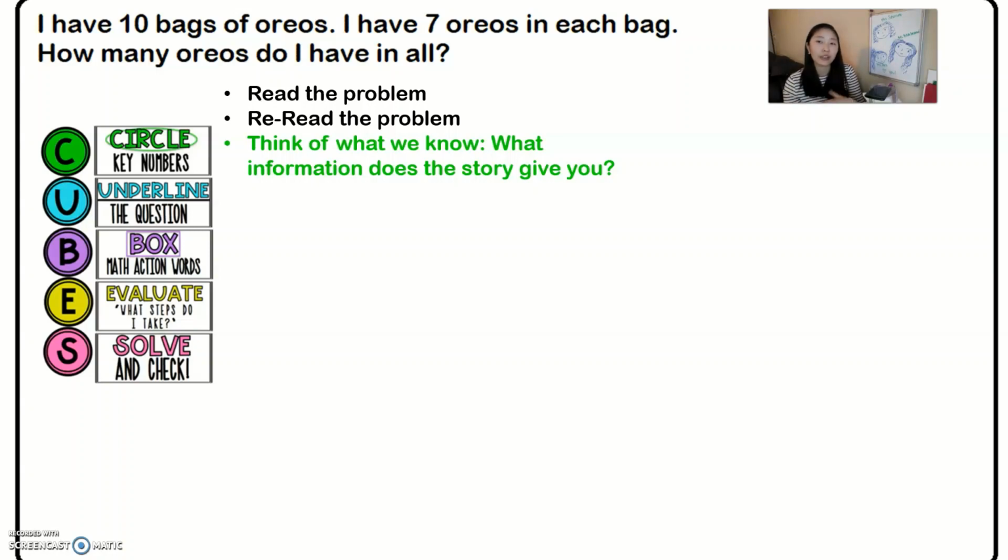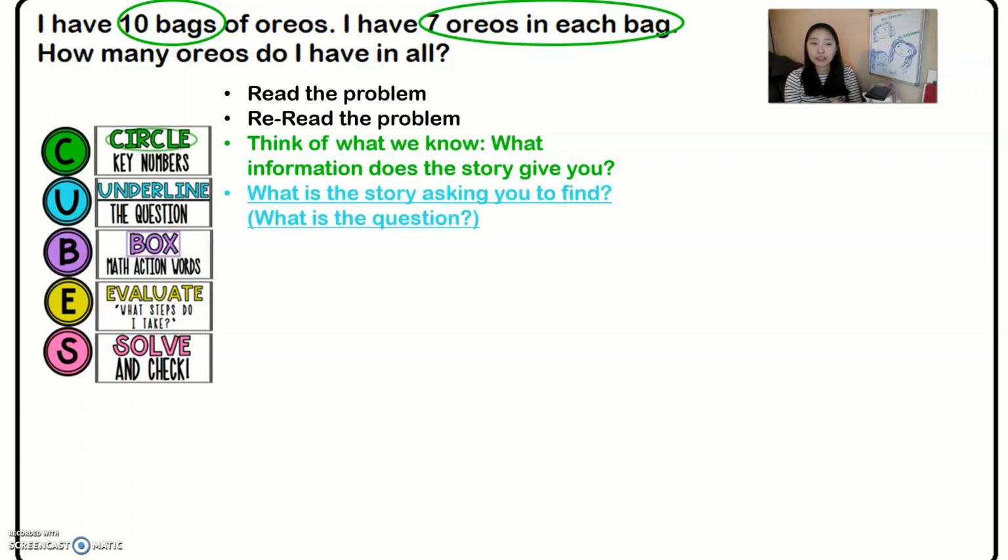It's just that now the color is green, and I'm going to circle it, because for the C, we circle the keywords. It's in green, so I just wanted to go with the color flow so that you can understand it better. So I know that we have 10 bags, not just 10 little Oreos, we actually have 10 bags of Oreos. I also know that in each bag, there's 7.